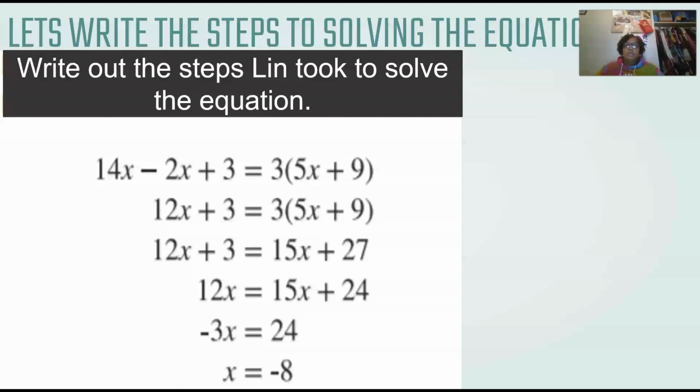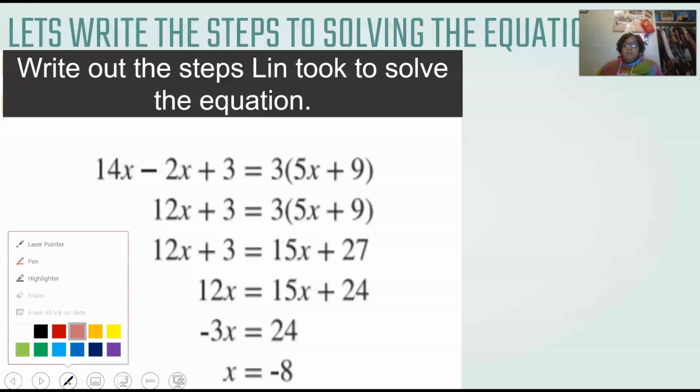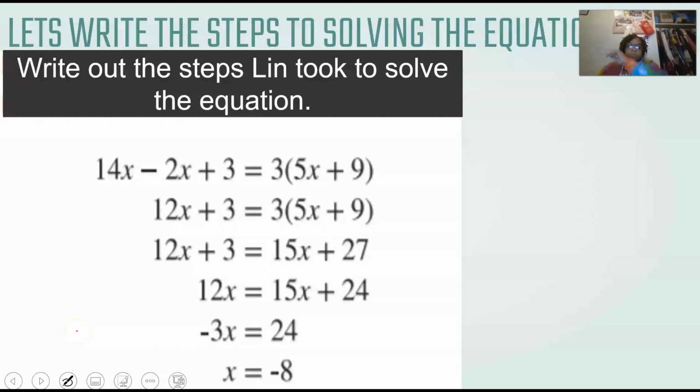How did she get from 14x minus 2x plus 3 equals 3 times the quantity of 5x plus 9? How did she go from here to here? What step did she take?